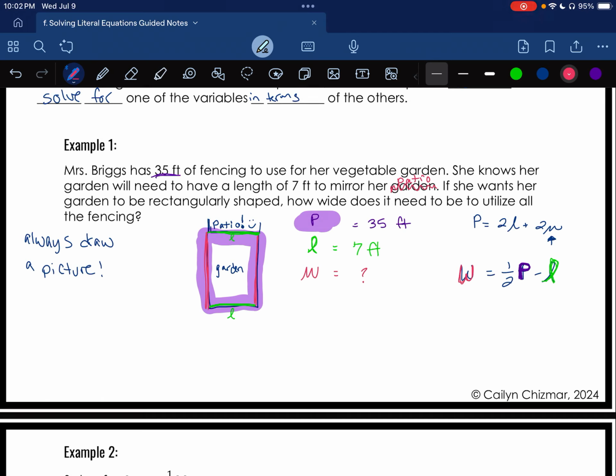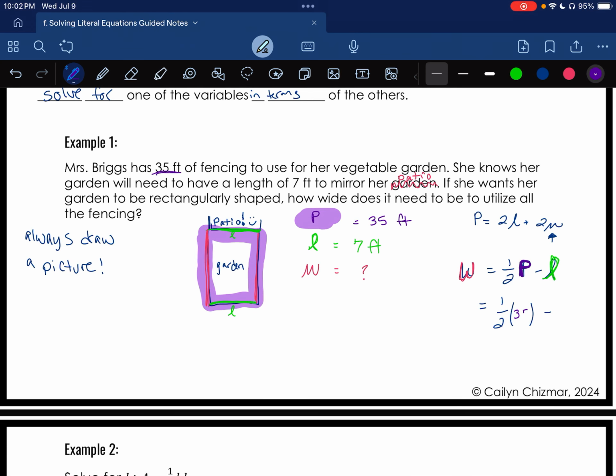When I start plugging those values in, I'm going to get that the width is equal to 1/2 35 minus 7. Since we're dealing with measurements, I am just going to use decimal here. So this would be 17.5 minus 7, or 10.5 feet.